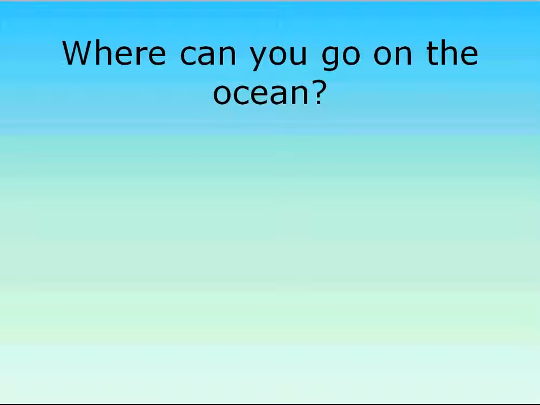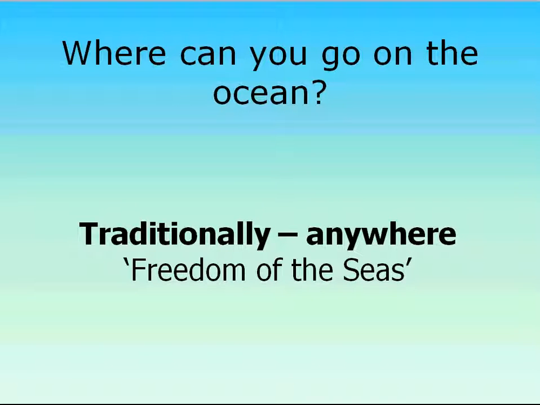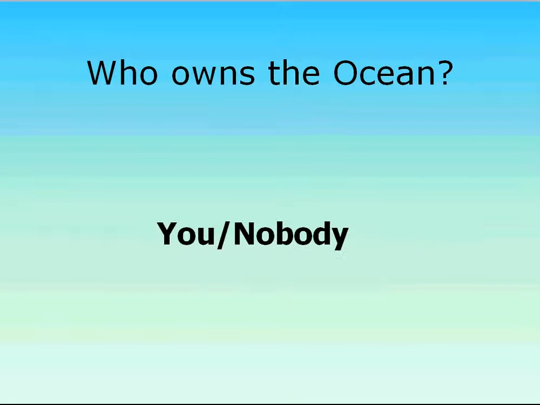Well, first off, it can't be your patch if nobody owns it. And traditionally, you could go anywhere on the water, anywhere that you could float to, you were allowed to go. The water is owned by nobody, and so if you could float on it, then you could go fishing, and as long as nobody was shooting cannonballs at you, then you were fine to be there.